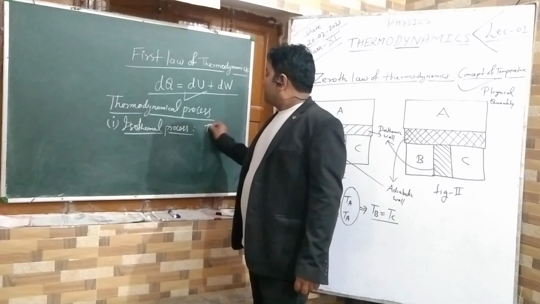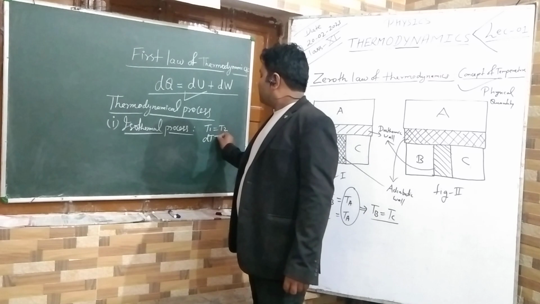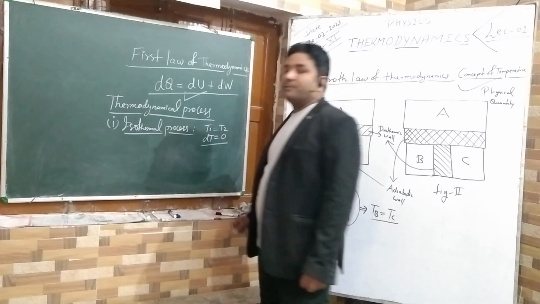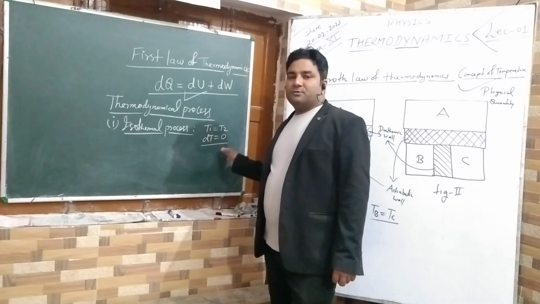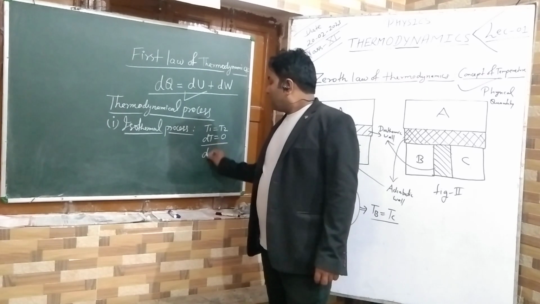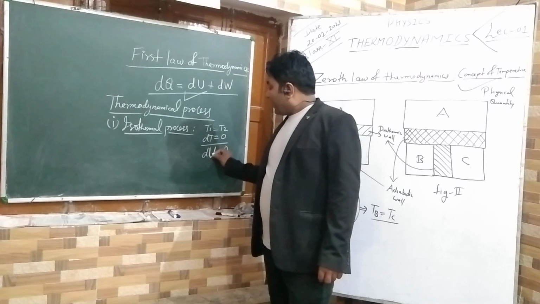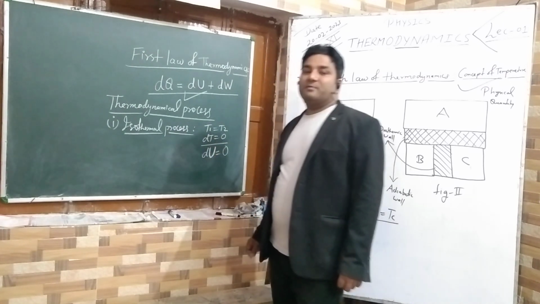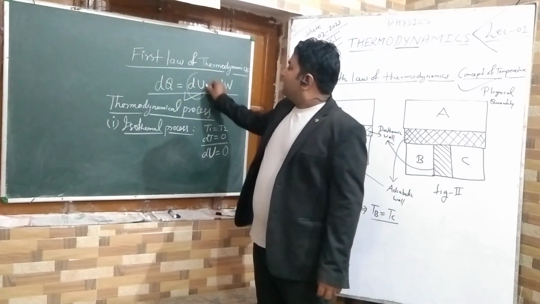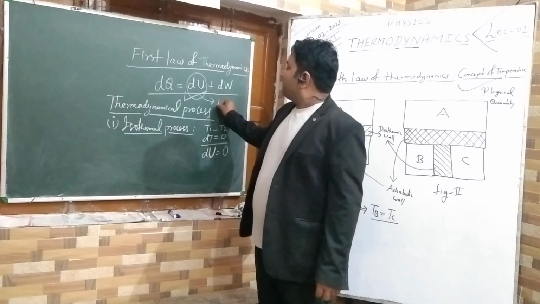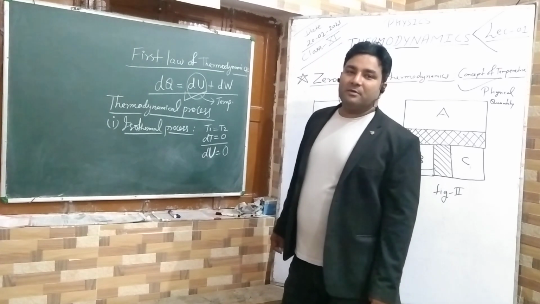It means T1 is equal to T2, or you say that dT is equal to 0, and the very basic concept is whenever the change in temperature is 0, then the internal energy change of an ideal gas, always remember, for an ideal gas, internal energy totally depends upon temperature.